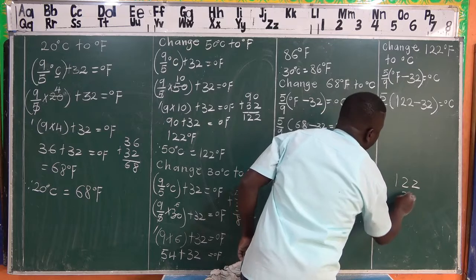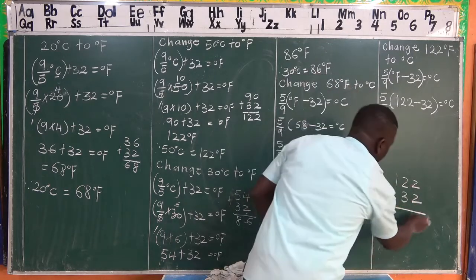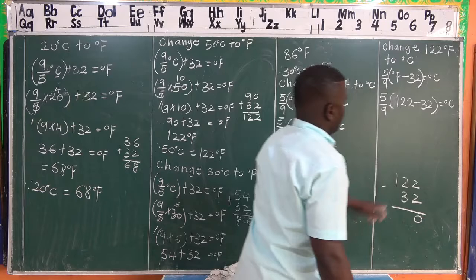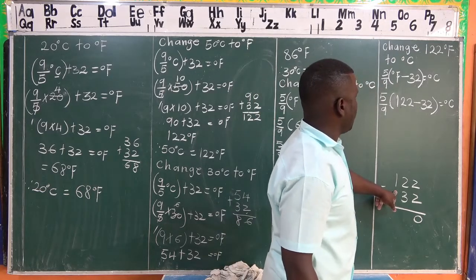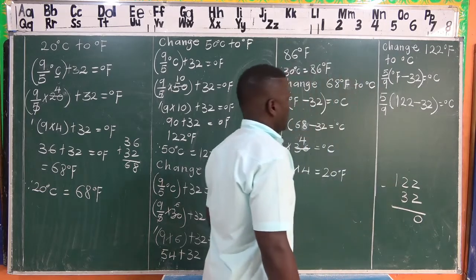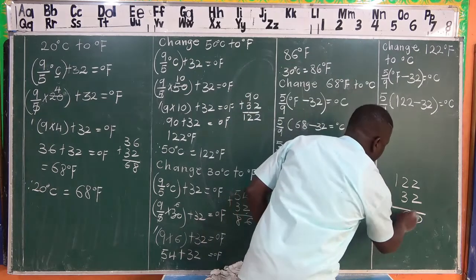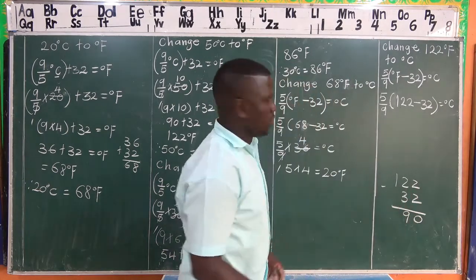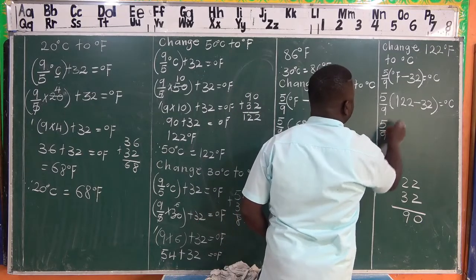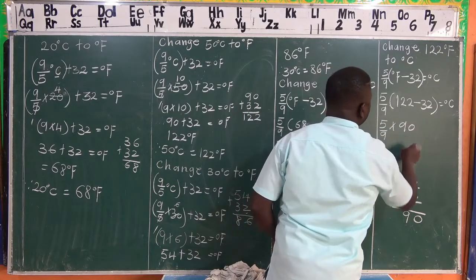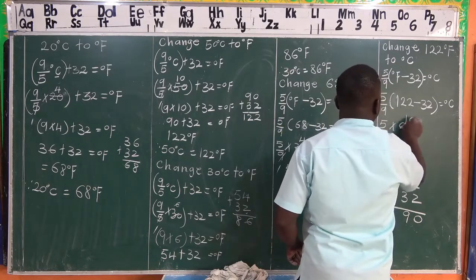122 minus 32. 2 minus 2 is 0. Then 3 from 12, we get 9. So it's 90. So you come here and say 5 out of 9 times 90 degrees. 9 here, 1; 9 into 90, 10.